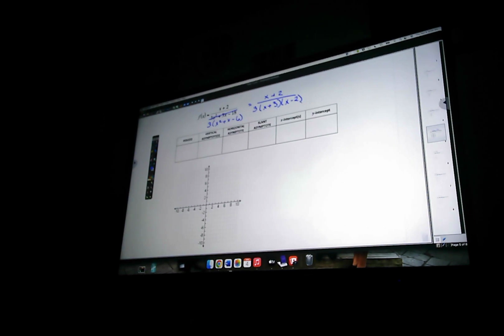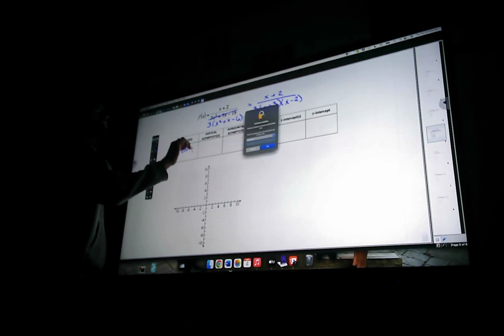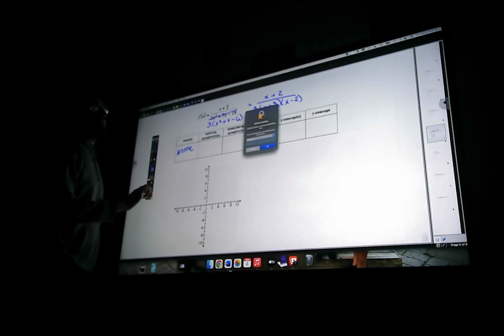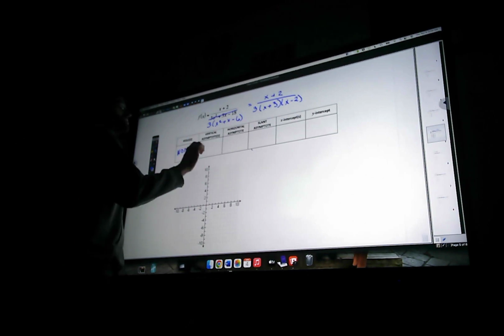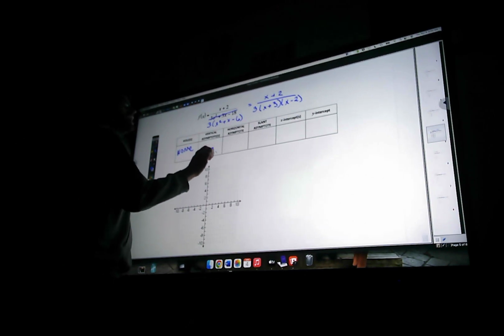The answer is no, so I'm not going to have any holes. Vertical asymptotes. How many vertical asymptotes am I going to have? 2. 1 at x equals -3, and 1 at 2.